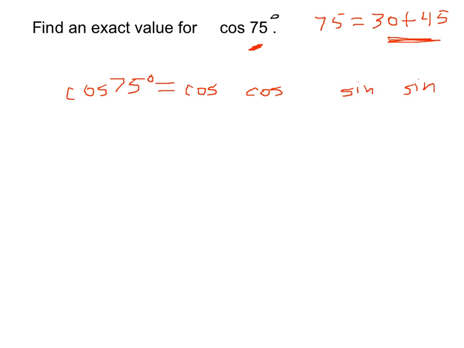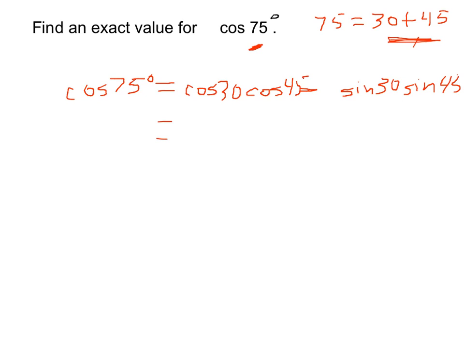And then the sign in between here is opposite the operation. So we added 30 and 45, so we're going to have a subtraction here. And now we just fill in the angles: 30, 45, 30, 45.